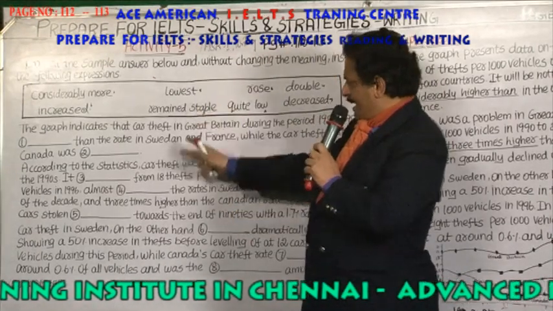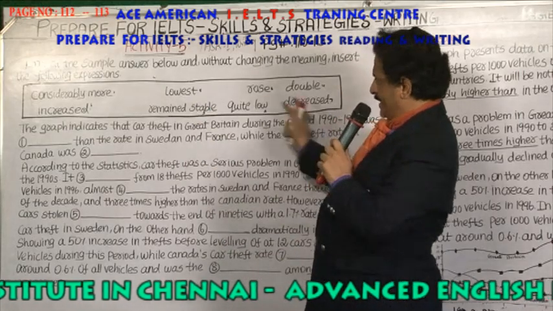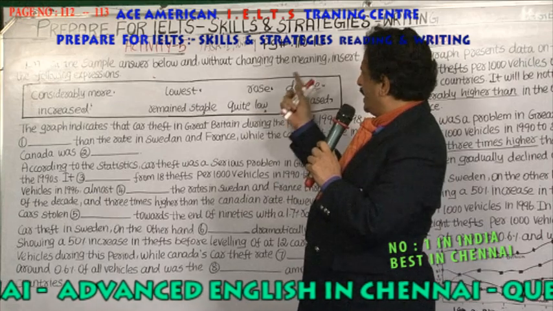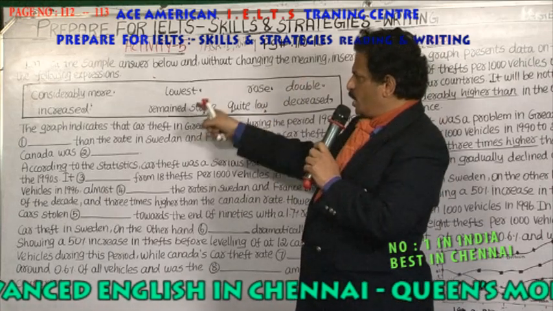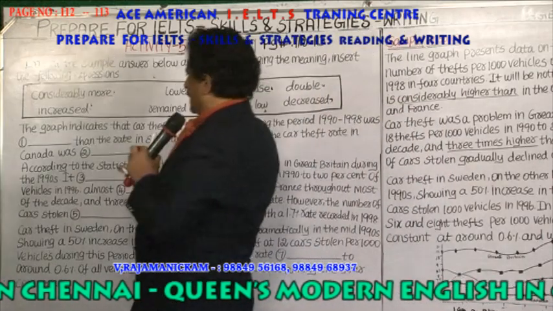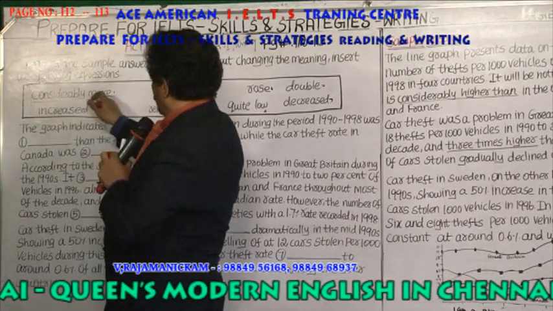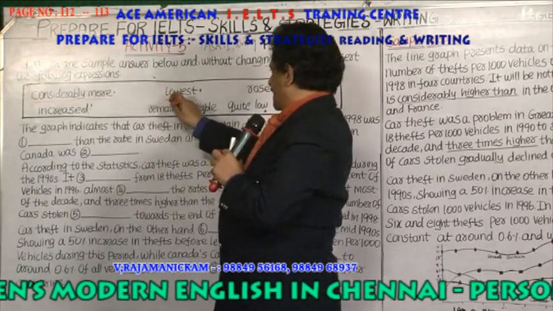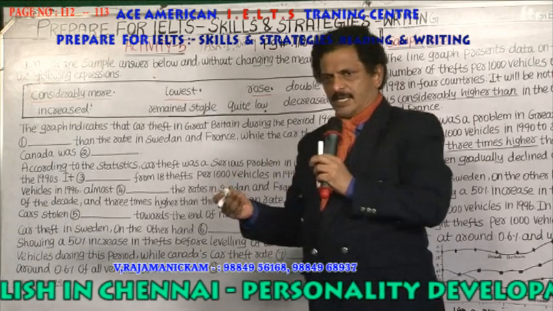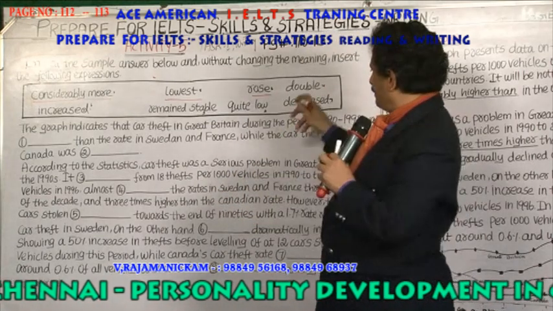So you're seeing a sample answer in essay format. Without changing the meaning, you have to insert these words. What are these words? It is number 1, considerably more, lowest, rose. It is not rose flower, rise past tense rose.